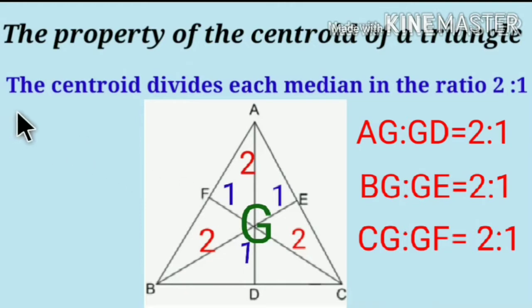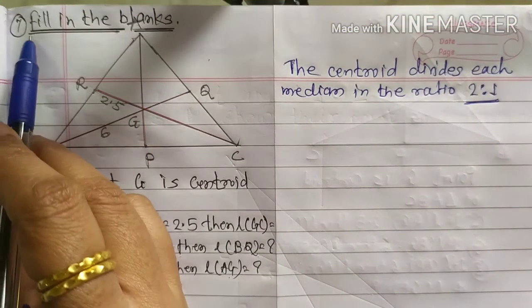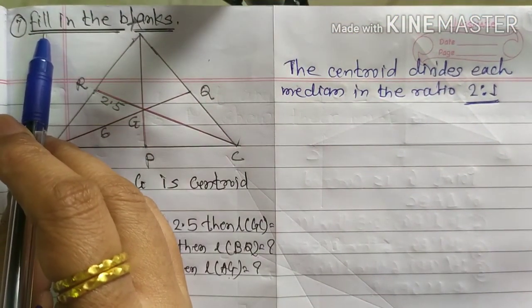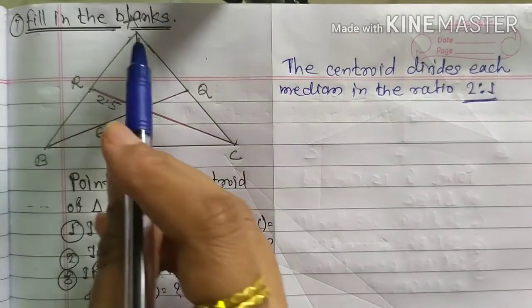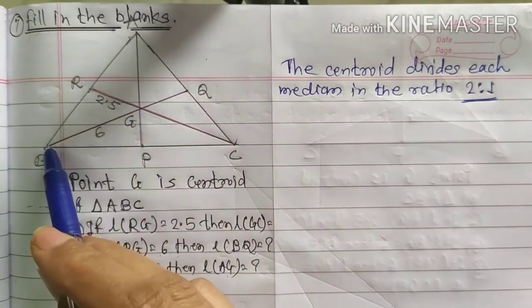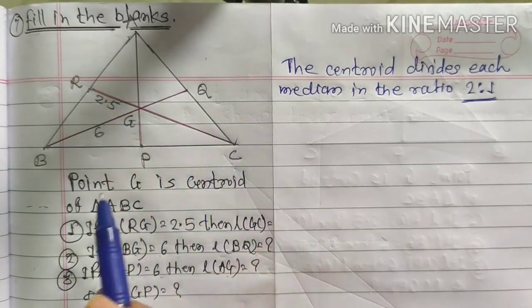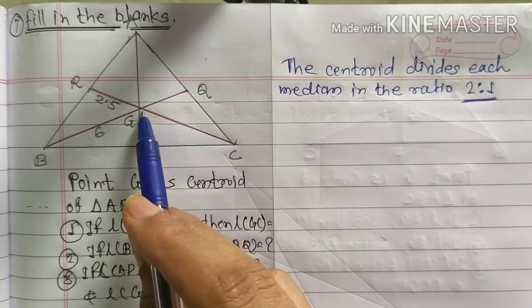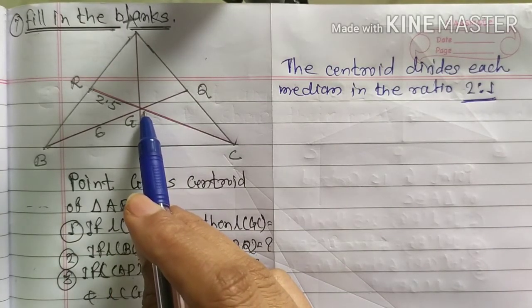So, the property that the centroid divides each median in the ratio 2:1, there are some examples on this in the practice set. Question number 7 depends on the property of the centroid. Fill in the blanks. They are given a triangle ABC, and point G is the centroid of this triangle ABC.